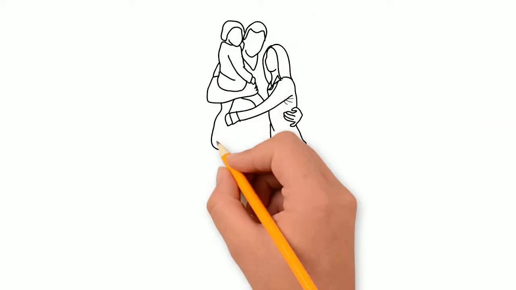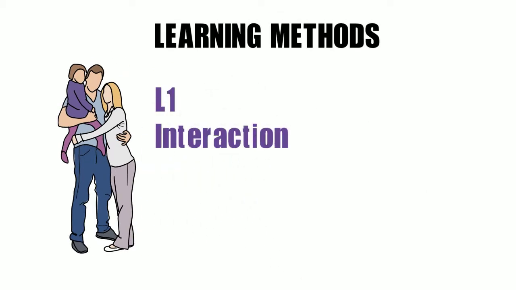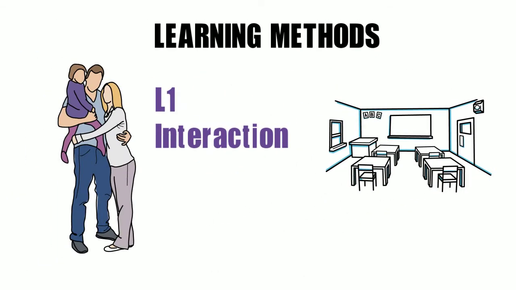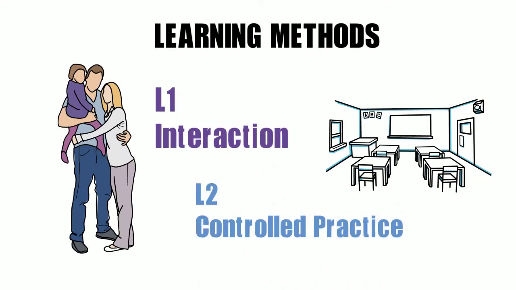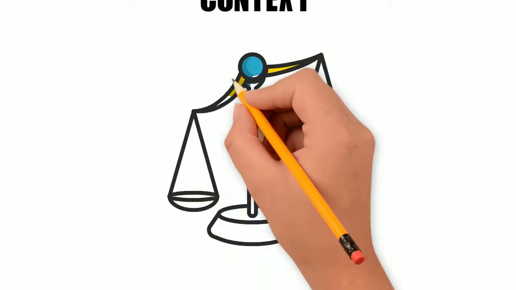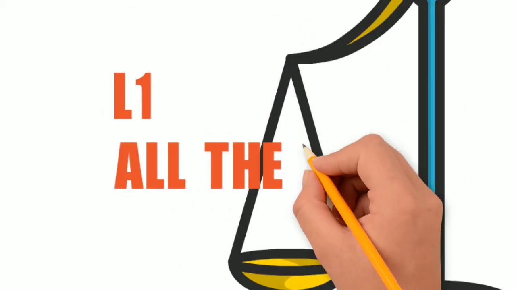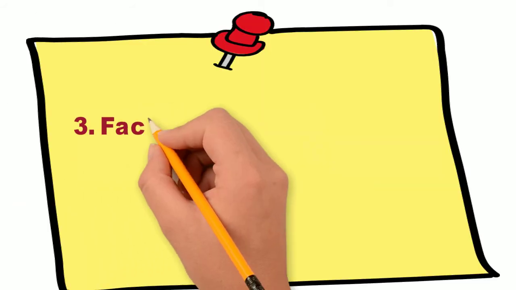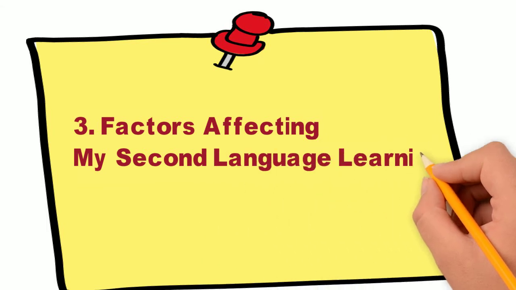We pick up L1 through interaction with family and peers, and we have strong motivation. However, L2 is learned mainly in the classroom through controlled practice activities. Last one is context. Children hear their mother tongue all the time, but learners are not exposed to L2 very much.